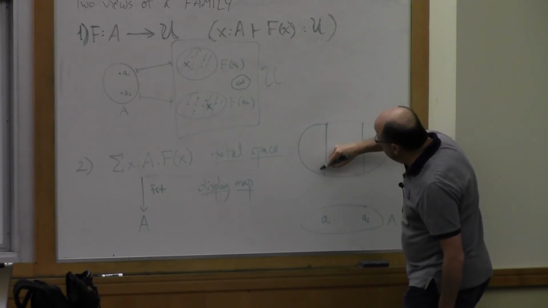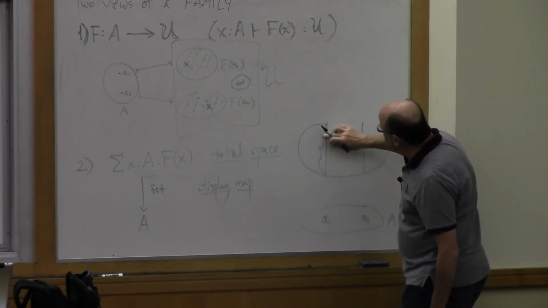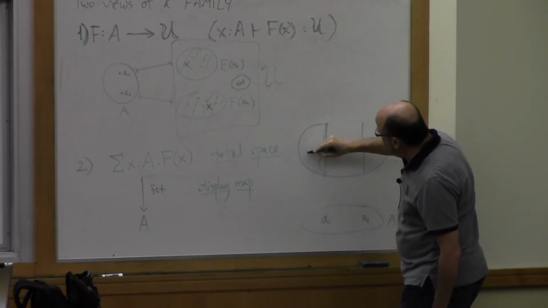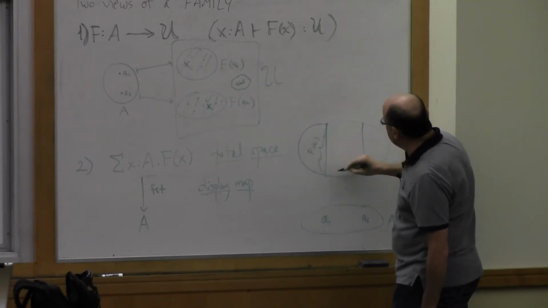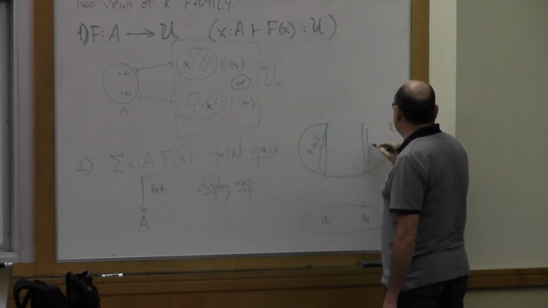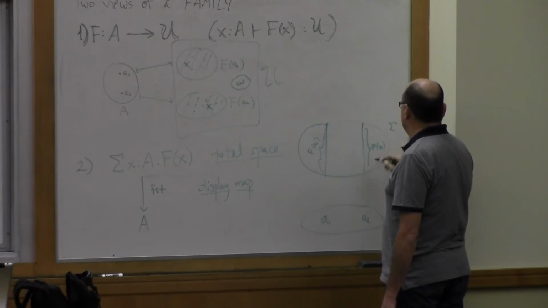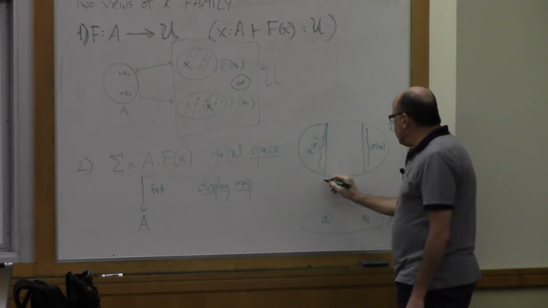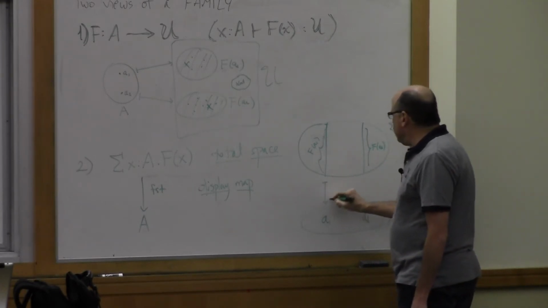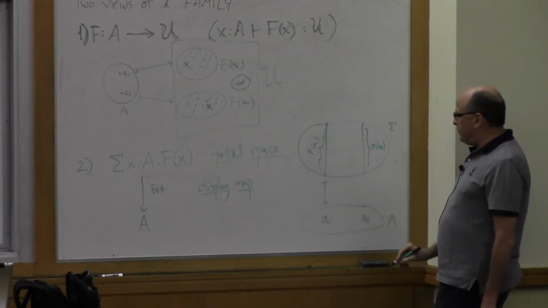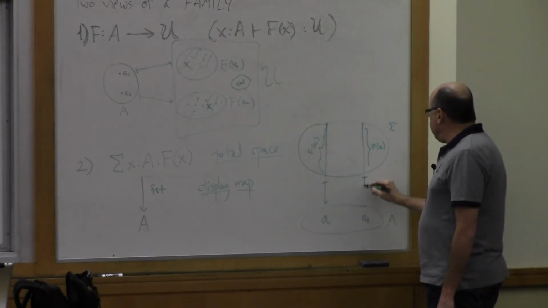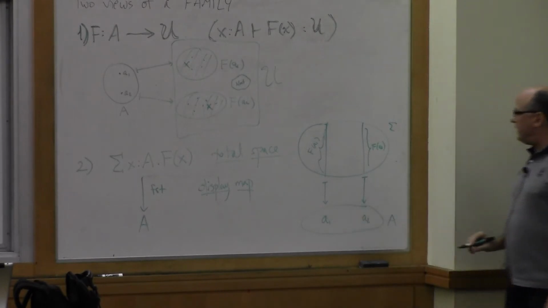And this line here is to be thought of as F of A1, and this line here is to be thought of as F of A2. Because what we're doing is we're saying everything in this line is sent down to A1. That's why I drew it like that. And everything in this line is being sent down to A2.